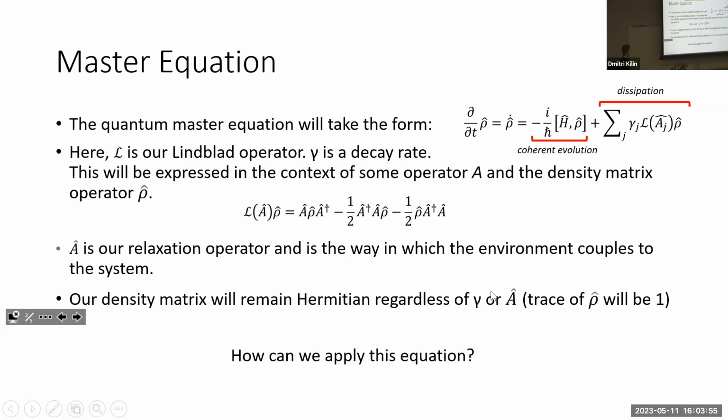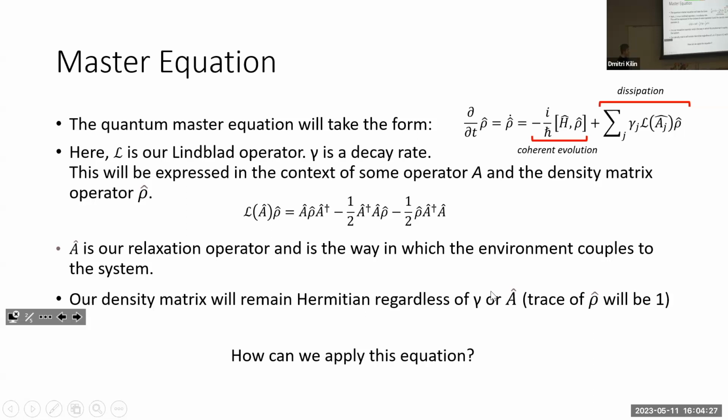These A and A dagger operators are basically going to tell us how our system is relaxing. Our gamma up here is the dissipation constant, or at least it should be constant. But our density matrix will remain Hermitian regardless of our selection for gamma or A, which is pretty nice. We can still work with that.